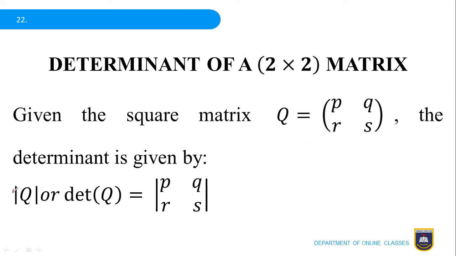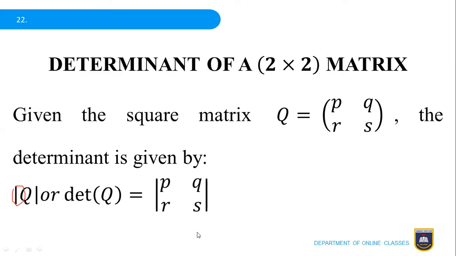If I use this symbol, that represents the determinant. Or we can also use DET, that's also the short form of determinant. So you can use any of them. So you see, we are no more using the bracket, but we are using the symbol here. And that tells you that you are finding the determinant of the given matrix Q.